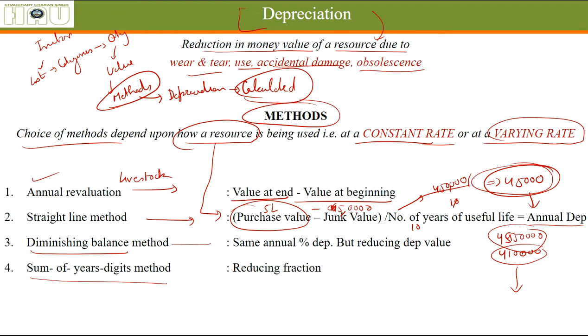In the diminishing balance method, there is one specific thing: same annual percentage rate of depreciation. Percentage depreciation means the value of an asset will keep on reducing by the same percentage, but the money value of depreciation will keep on reducing. You'll see how.